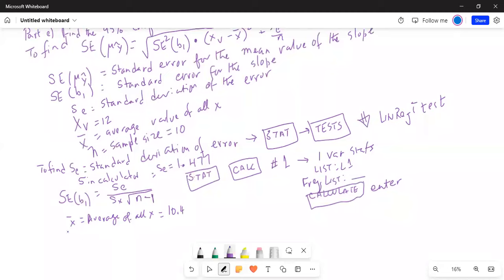The other thing we are interested in is Sx, and Sx is equal to 5.641. So this will help us to calculate SE, the standard error for the slope, B1.